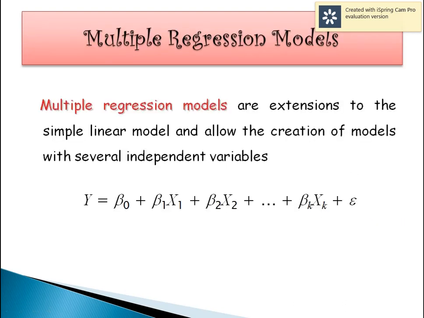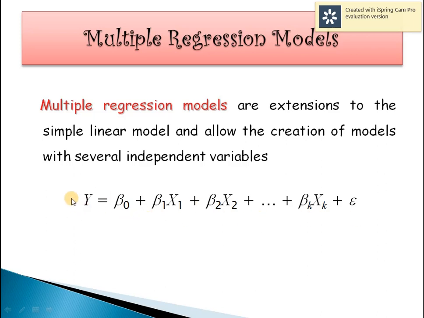So already I have said that two types of regression models are there. First one is the simple regression model, which contains only one input process parameter and one output process parameter. In the case of multiple regression models, there will be more than one input process parameter. Okay, there may be more than one output process parameter too, but each output process parameter will depend on the input process parameters of that process.